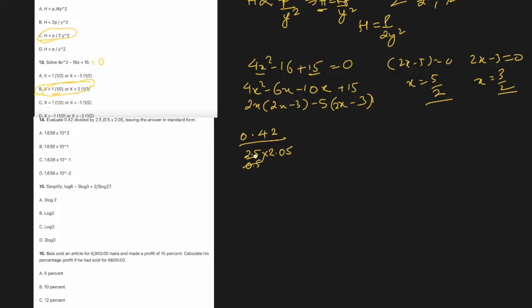Let me try. This is 5 times this. So we get 0.42 times 5 times this will be 25, 10.25. Okay, so let's use 0.42 divided by 10.25.